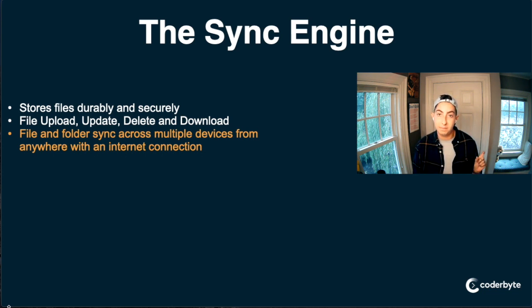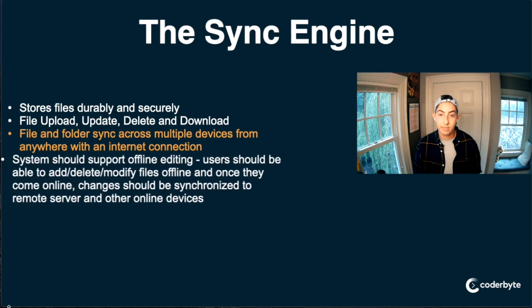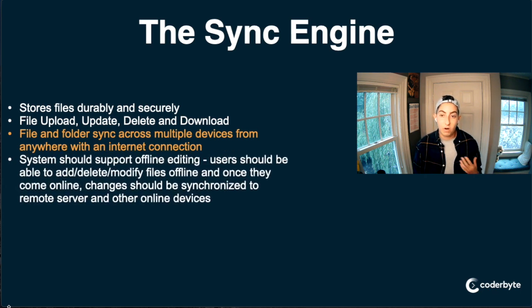So this is the big piece of the sync engine. And the system should support offline editing, so the user should be able to update their files, add, remove, delete, and be synchronized across all of their machines and be accessible from anywhere, regardless of whether they were edited offline. Once a user comes back online, that has to be synced across all of the devices.